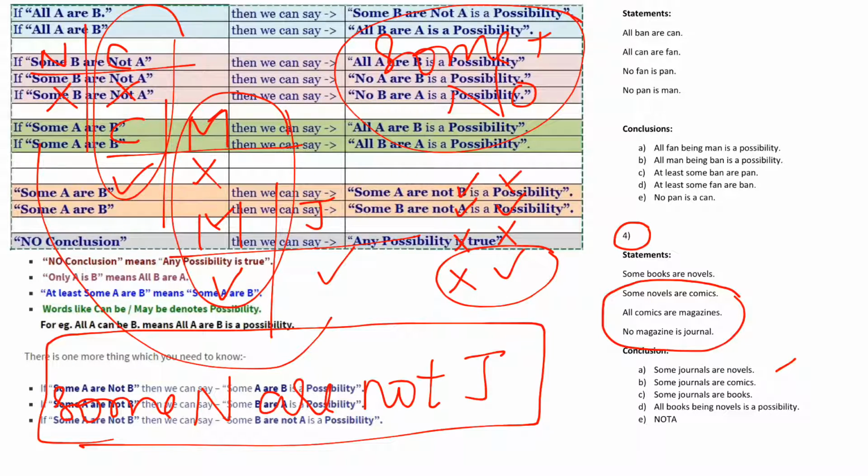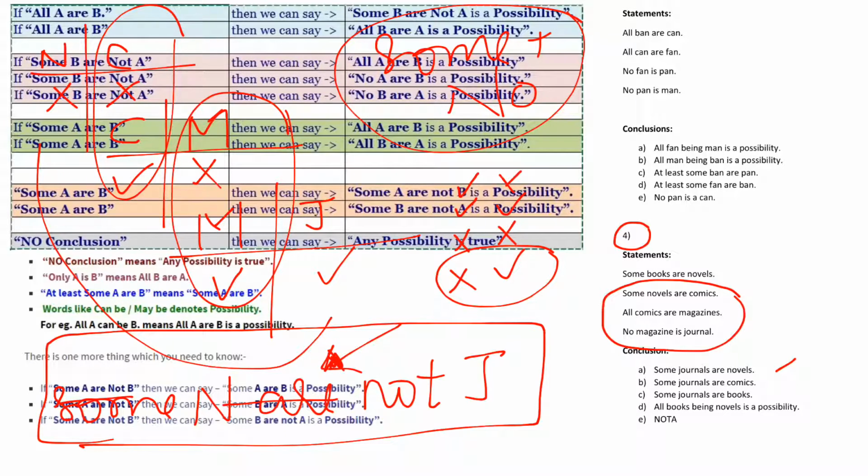If some A R not B, we can say some A R B is a possibility. Generally, as we have discussed in our theory class, if you are getting no A R B from the direct mainstream, and from there you are deriving some A R not B, then you cannot say some A R B is a possibility.